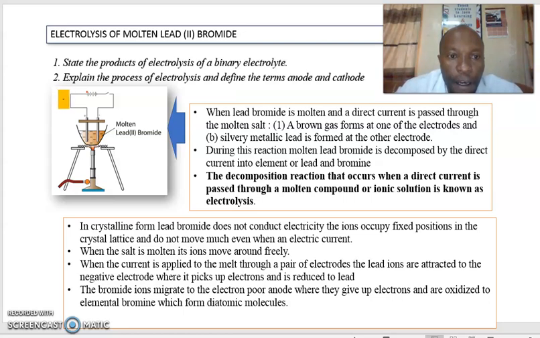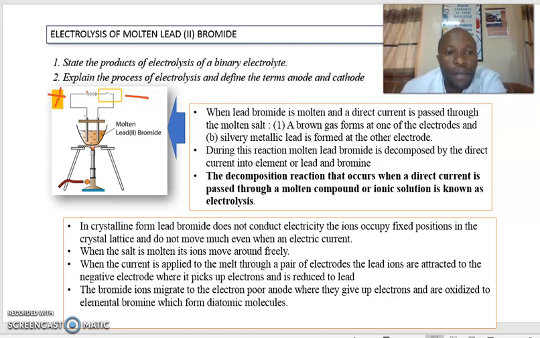On the other hand, we have the shorter line, and that shorter line is usually the negative terminal. So this is the negative terminal, and this is the positive terminal.